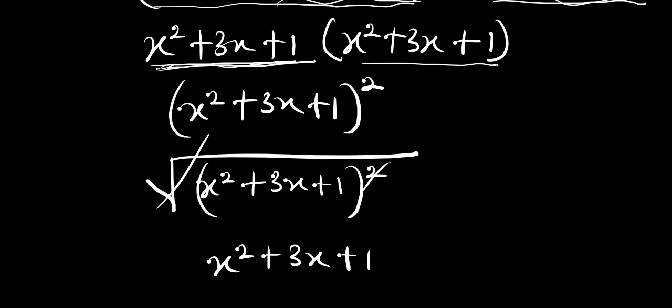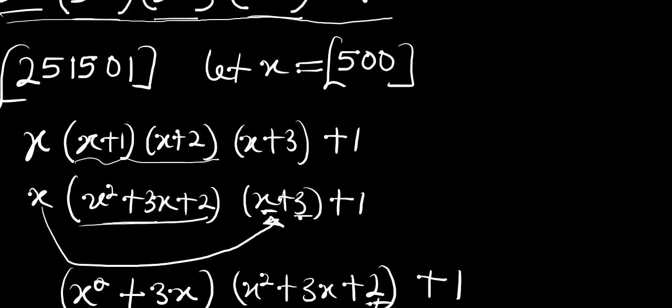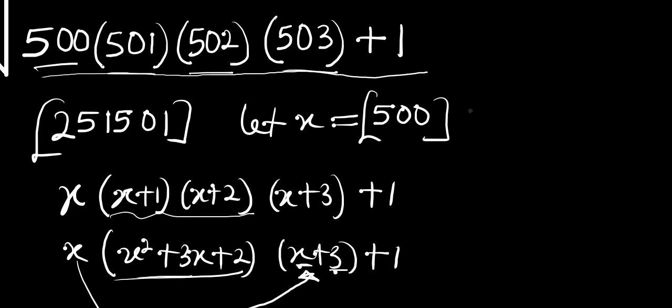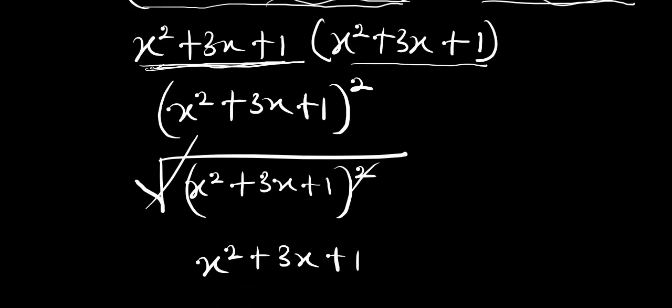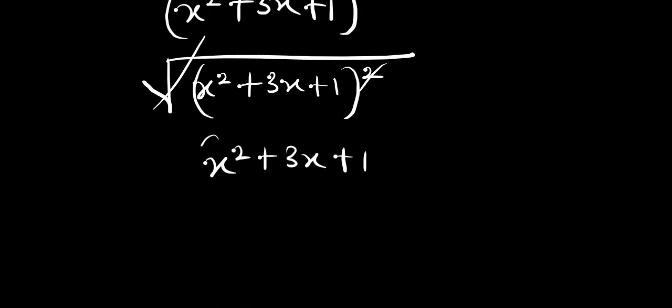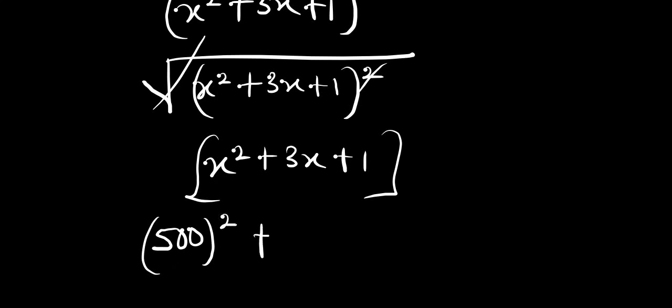And right now, recall that we had x equals 500. So from here, we can insert the 500 into what we have right here, and everything will be easily done. We are going to have 500 squared plus 3 times 500 plus 1.